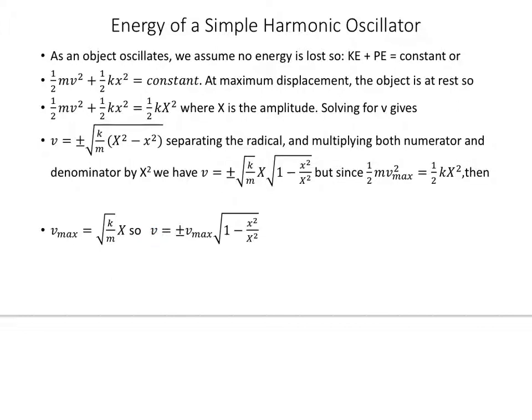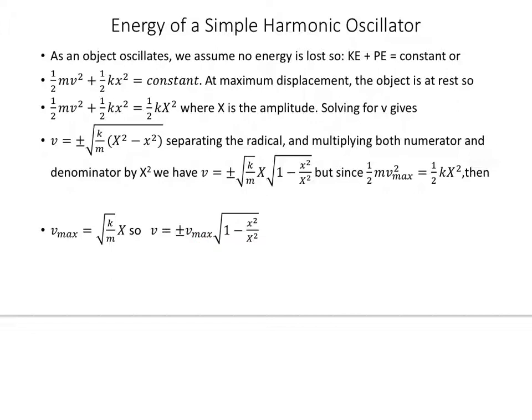And so now we have the velocity is equal to plus or minus Vmax times the square root of 1 minus the displacement squared divided by the amplitude squared. This will allow us to compute the velocity of the object at any point in time, as long as we know its displacement here and what its maximum velocity might be.